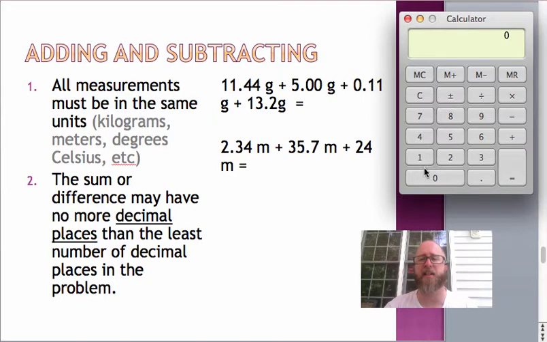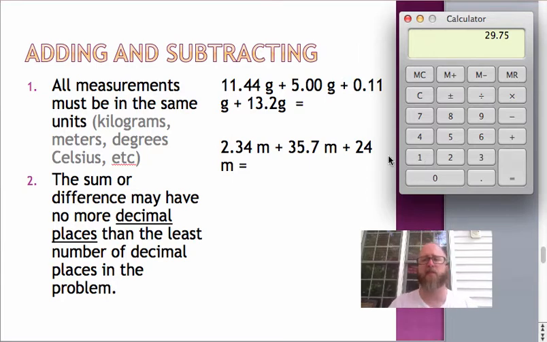So here's my handy dandy calculator. I'm going to do 11.44 plus 5.00 plus 0.11 plus 13.2. All right, and let's see what we get here. Okay, so our calculator gives me 29.75.